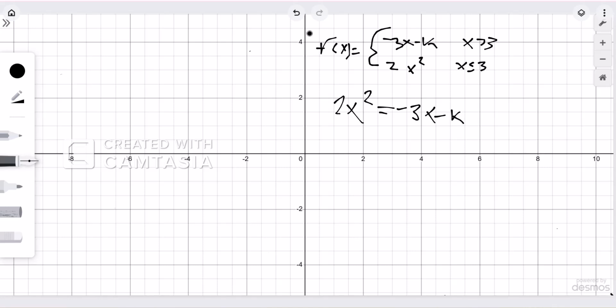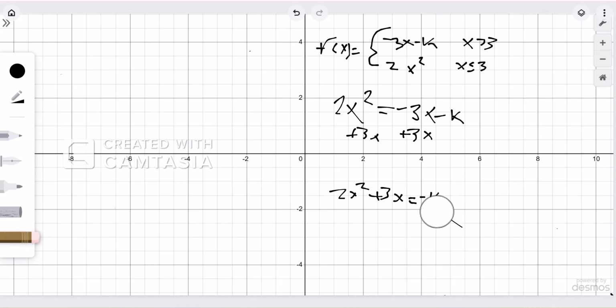It doesn't really matter which one goes first, it's going to equal the same thing. Okay, so we add 3x to both sides, which is just algebra. So we get 2x squared plus 3x equals negative k.